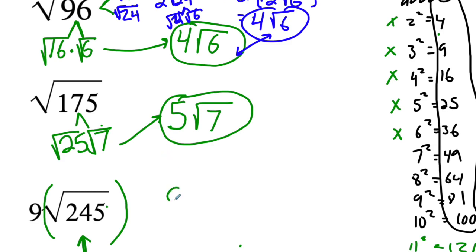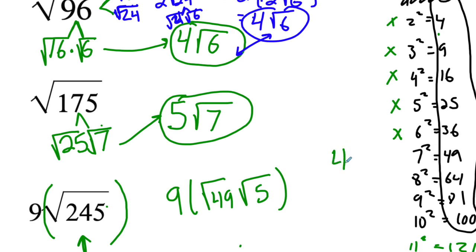And as it turns out, it's going to be 9 times the square root of 49 times the square root of 5. One good way to multiply by 5 is you take the number, you add a 0 because that's like multiplying by 10, and then you divide by 2. So if you multiply by 10 and divide by 2, it's the same thing as multiplying by 5. And this is equal to 245.